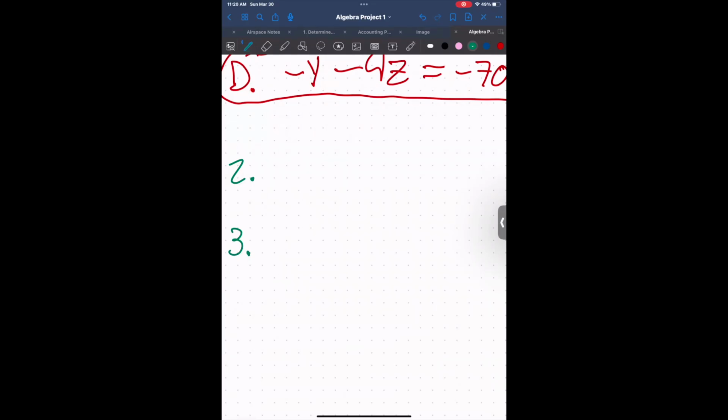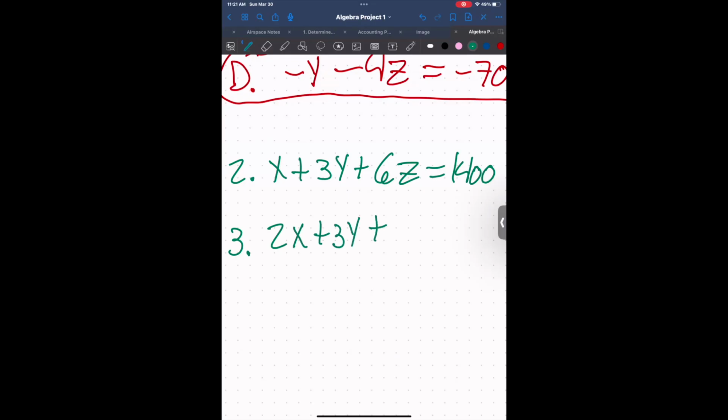And 2 again is x plus 3y plus 6z equals 1,400. And 3 is 2x plus 3y plus 4z equals 1,300.